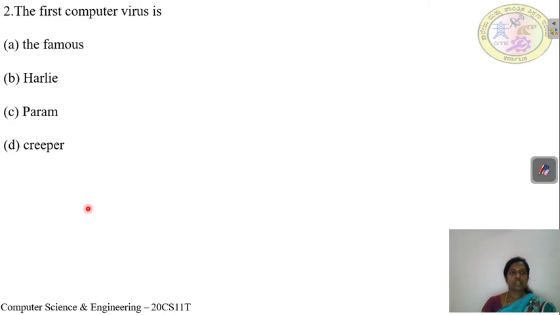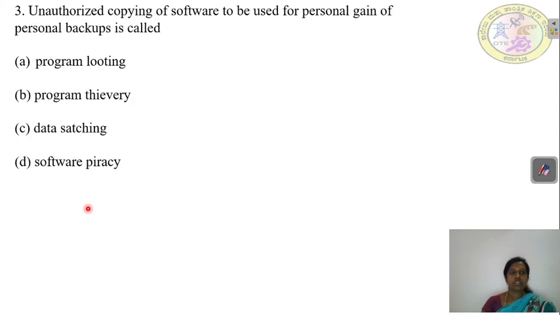Next, the first computer virus is: options are A, the famous, B, Harley, C, Param, D, Creeper. Answer is D, Creeper. Next, third question, unauthorized copying of software to be used for personal gain of personal backups is: A, program looting, B, program thievery, C, data searching, D, software piracy.